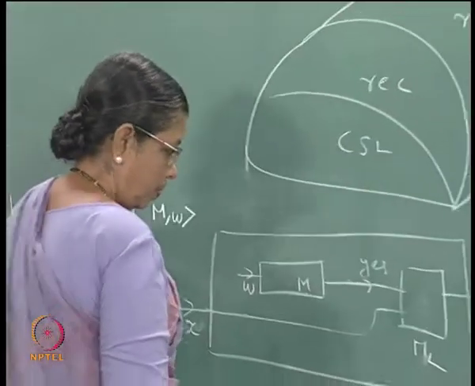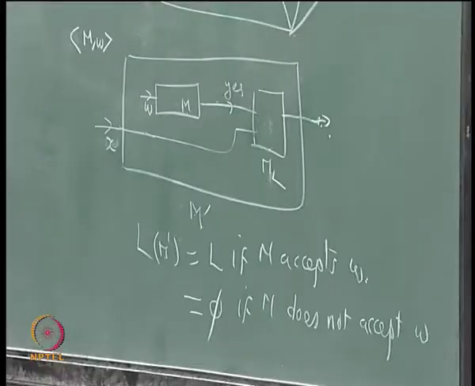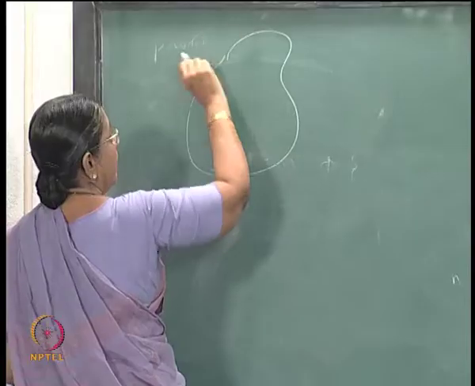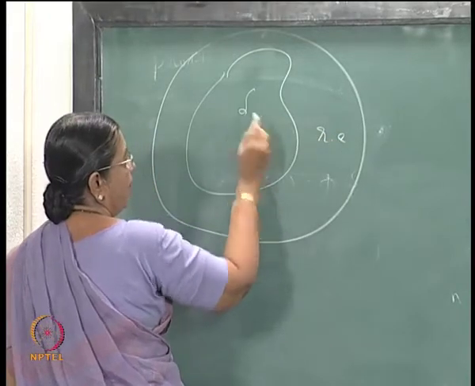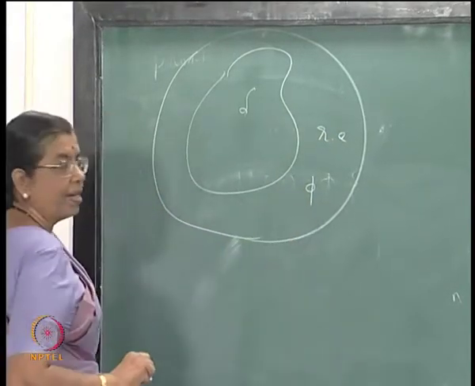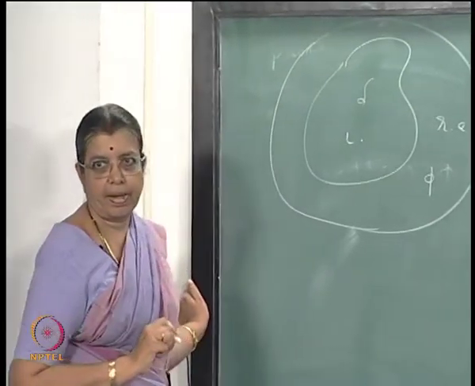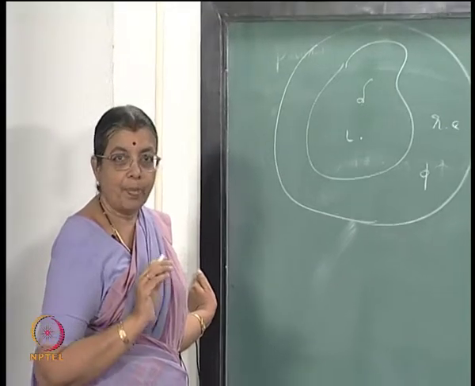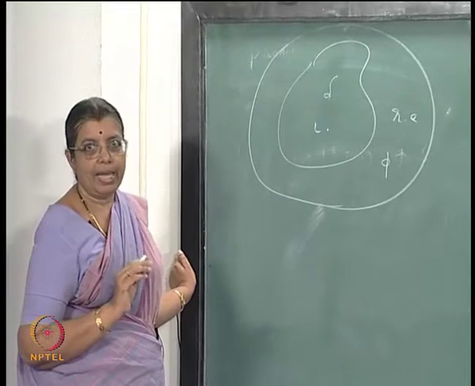Now, S is a non-trivial property. If this is the family of RE languages, S is here, and we have seen that phi is not in it, phi is here, L is here. Okay. Now, suppose S is a decidable property, then what can you say about L of S?